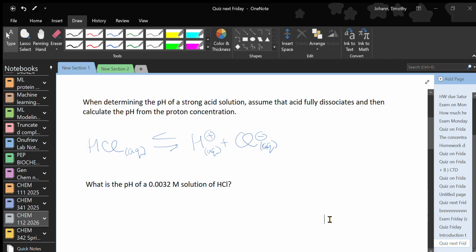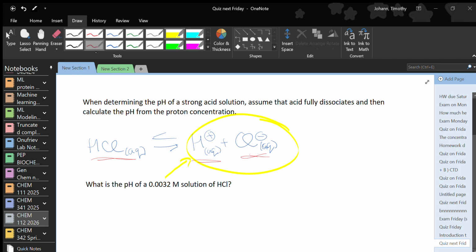Okay? And so this is the solution. So you make a solution, you dumped enough HCl into water to get that concentration. For every one of these that dissociates, how many of these do I get? 1. And how many of these do I get? 1. So what that means is it all turns into these, right? But I get it one for one, so that's the concentration.